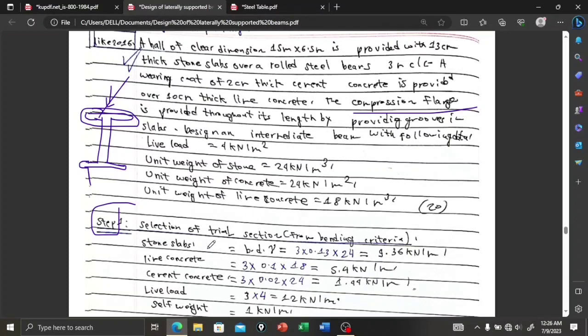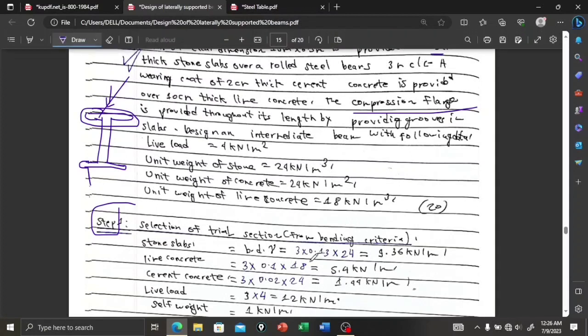For stone slab, it is 13 centimeter, that is 0.13, and center to center distance is 3, and gamma for stone is 24, so it will be 9.36 kN per meter.